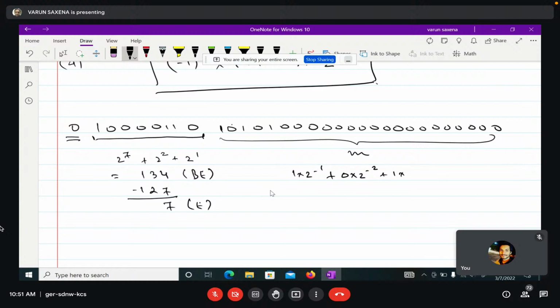Then 1 into 2 to the power of minus 3, plus 0 into 2 to the power of minus 4, plus 1 into 2 to the power of minus 5. Okay, and then you have all 0, so it will be all 0. So now can you tell me what is the answer for this? So this is 1 by 2 plus 1 by 8 plus 1 by 32. What will be the value? I just want someone to tell me this value.